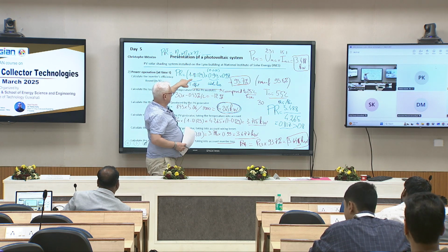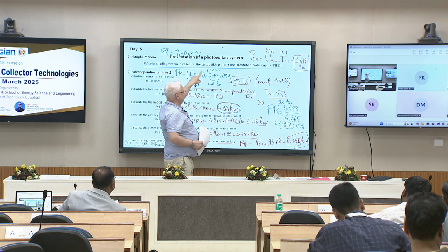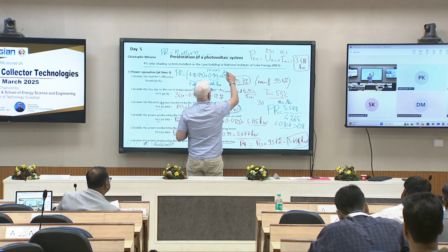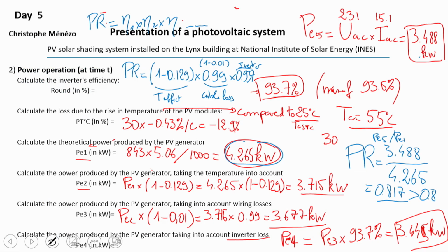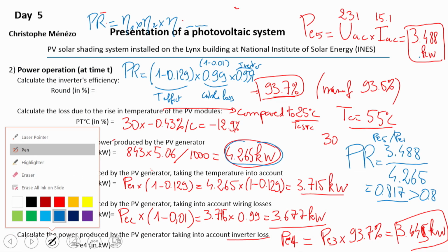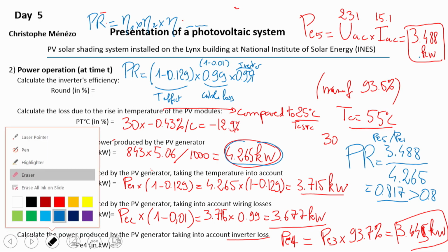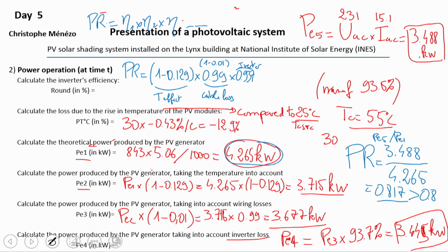Okay, so this effect of temperature, cable, inverter, and in principle you should not be far from this. And if I do that, I will find 0.807. Okay, so compared to that, it is very close.